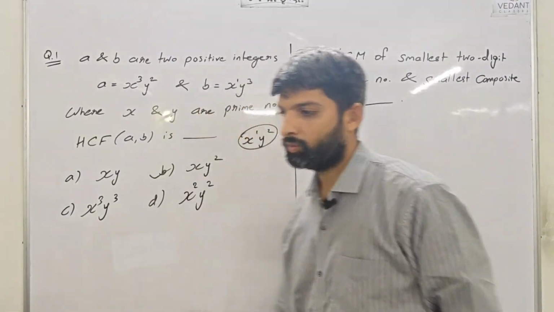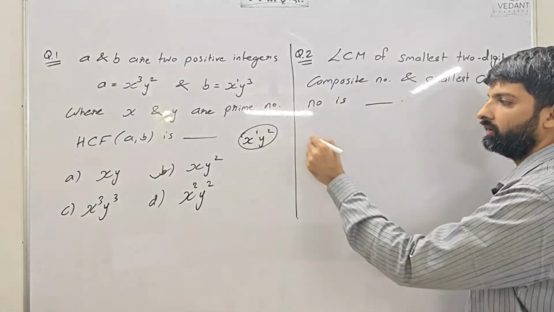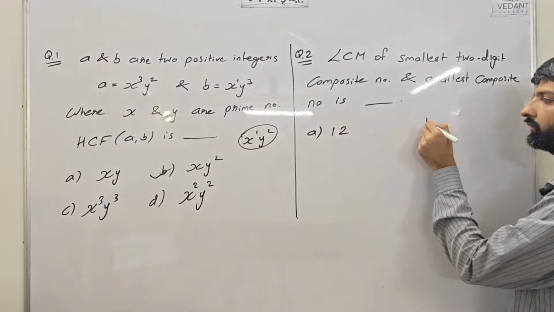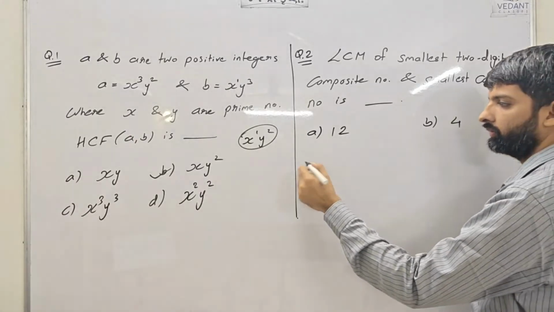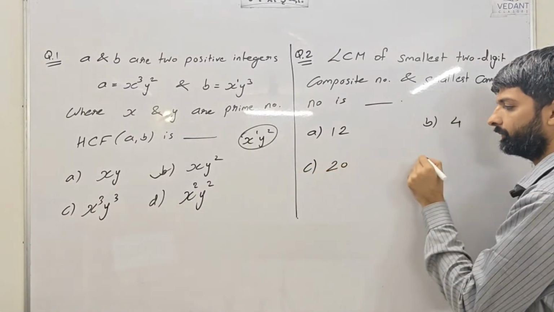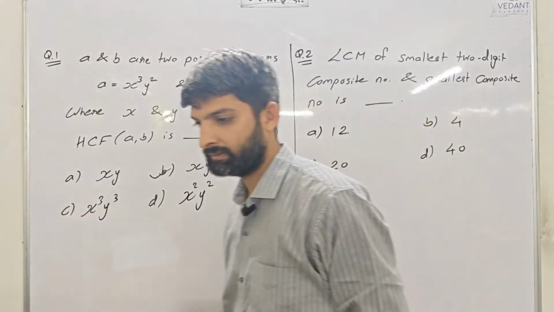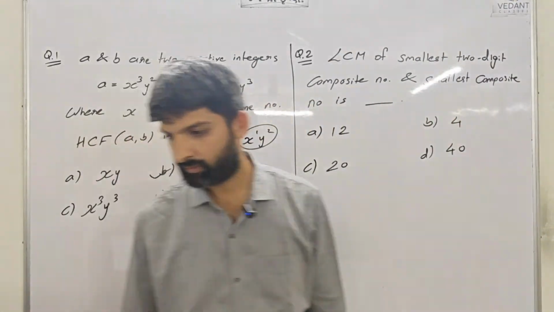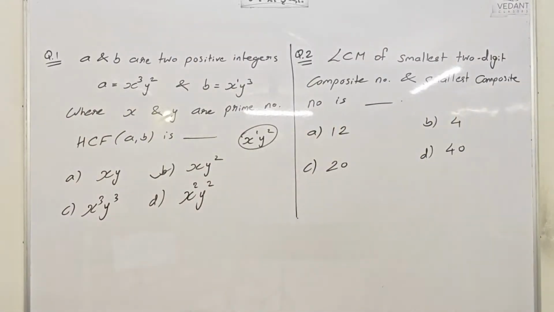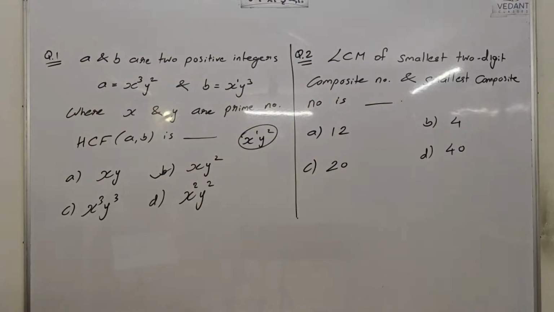Okay, so the options are A, 12; B, 4; C, 20; D, 40.